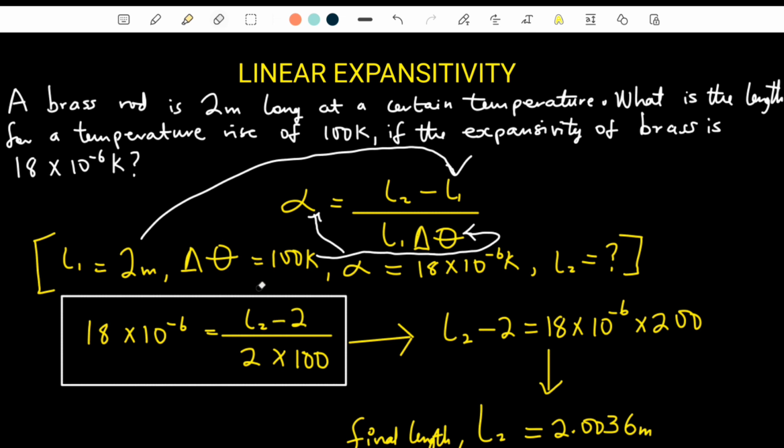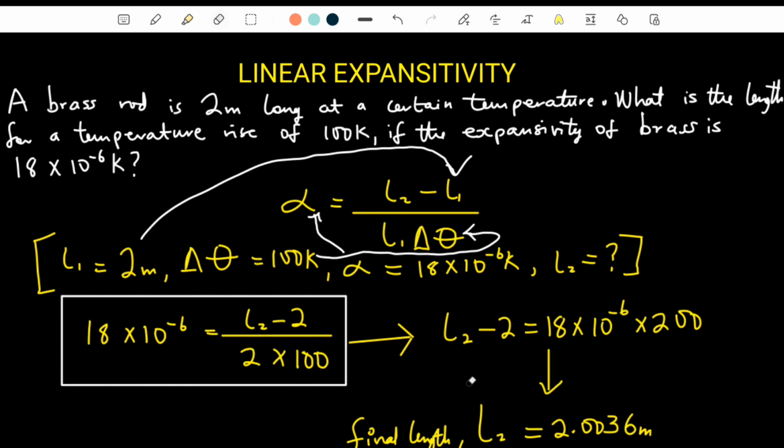You have the change in temperature taking the place of delta theta. You have the linear expansivity given to you as 18 times 10 raised to the power of minus 6, taking its place in that equation. And then you have these two repeated.